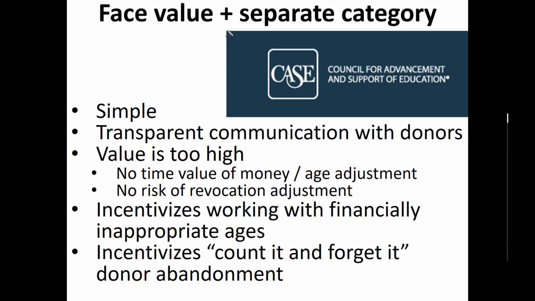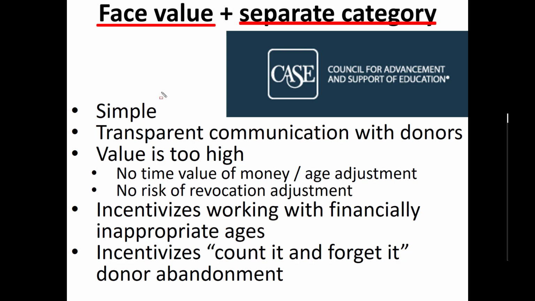Now, this approach says, okay, what will we count that as? We will count that as $1 million. That is a $1 million gift. We're simply going to list it in a different category because it's not like a $1 million check, right? We're not going to try to translate what is the present value of that gift. We're just going to say a $1 million gift goes in a separate category.